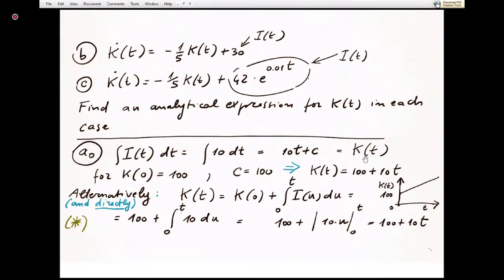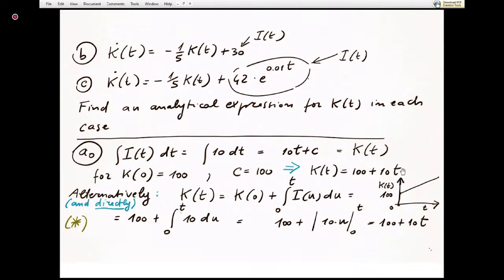This is K(t), but it is not fully specified. We have to impose that K at time 0 is equal to 100. This means that when t is equal to 0, 10 times 0, which is 0, plus c must be equal to 100. So K(t) is 100 plus 10t.